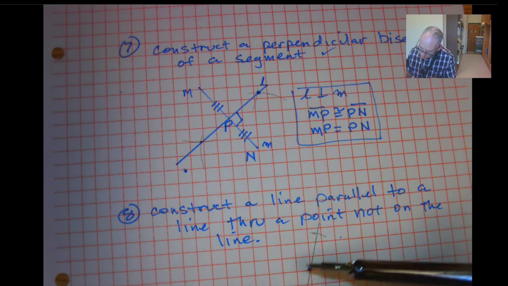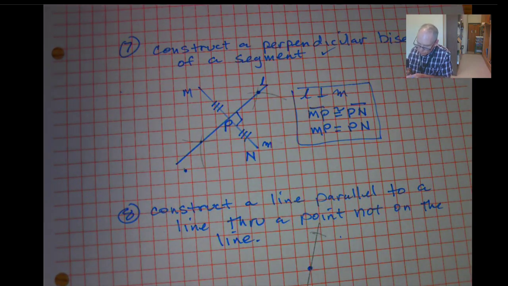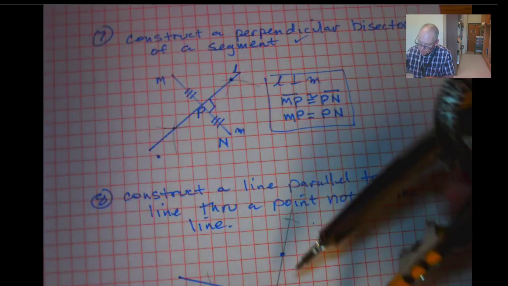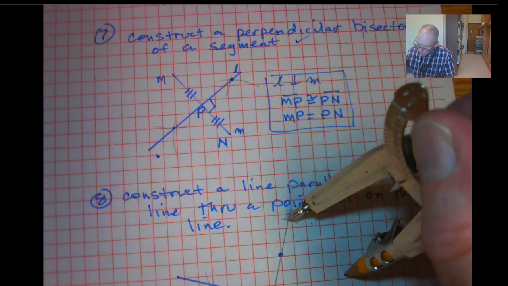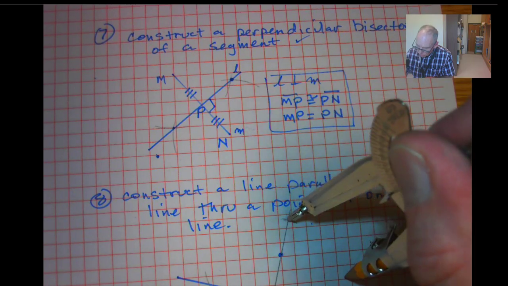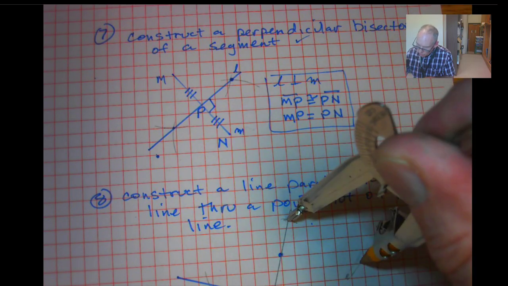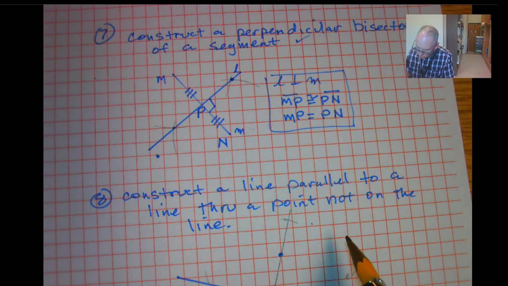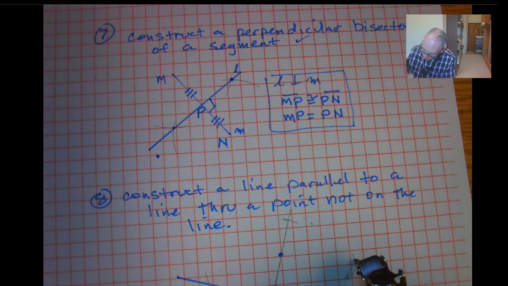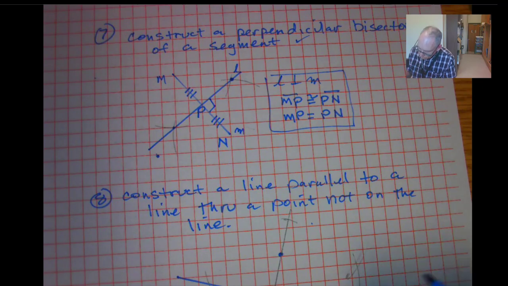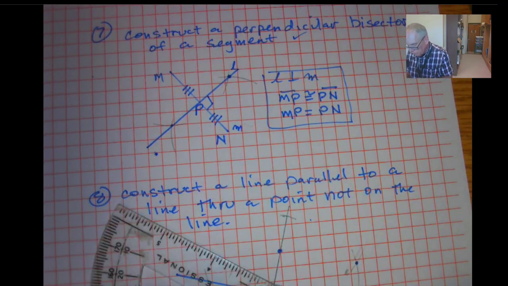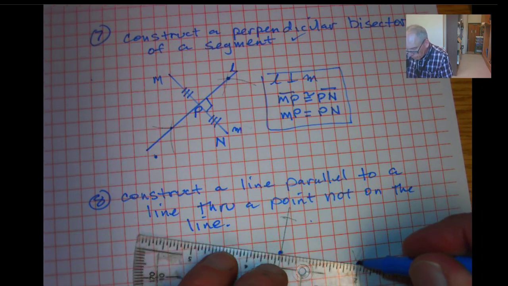And then I use those two points that I just constructed, and I strike an arc from one point, and I strike another arc from the other point. We don't really have to do one on both sides, just as long as we hook the original point up with the intersection of those two arcs. And then I'm going to sketch the line.